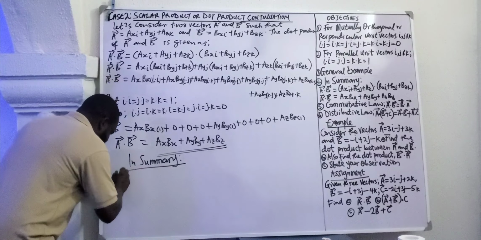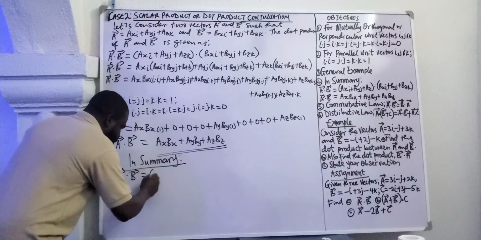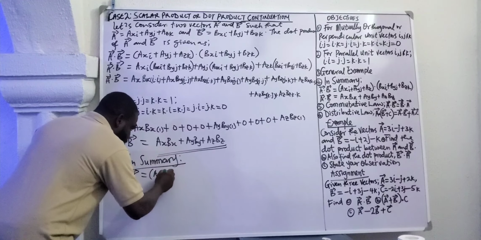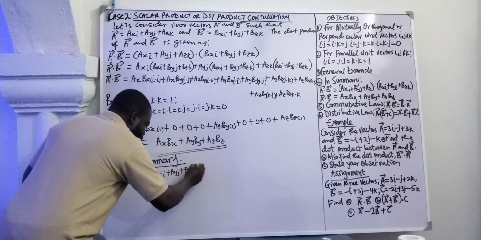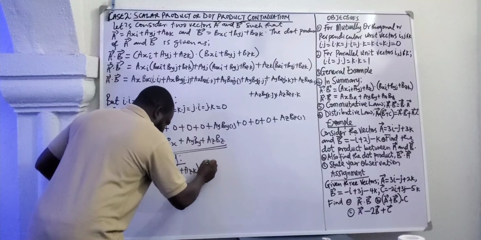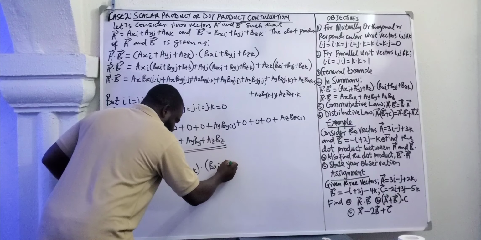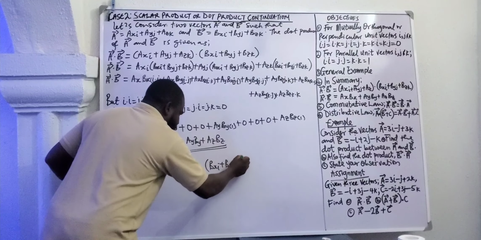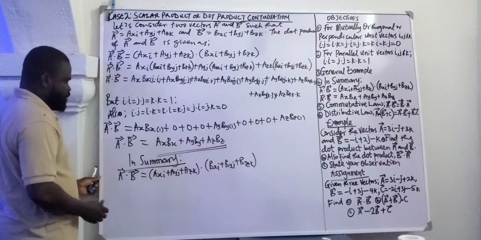If a vector A dot a vector B, and A is AXi, AYj, AZk, multiplying BXi, BYj, and BZk. These two vectors are dotting each other.